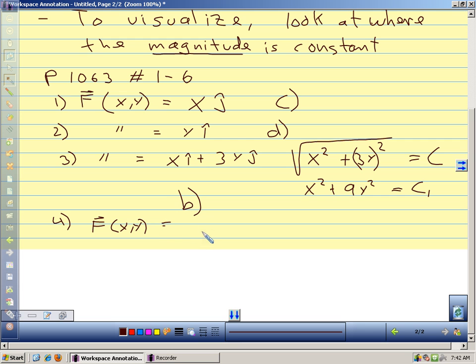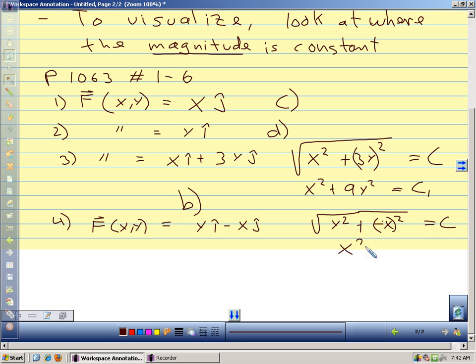Our vector valued function f of xy equals yi minus xj. So where is that one going to have a constant magnitude? At a circle. When we take the magnitude of this, square root of y squared plus negative x squared equals a constant.